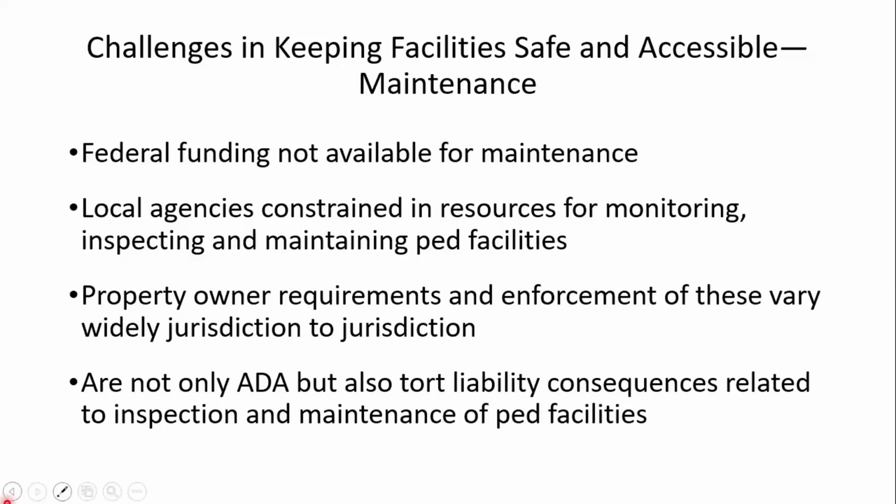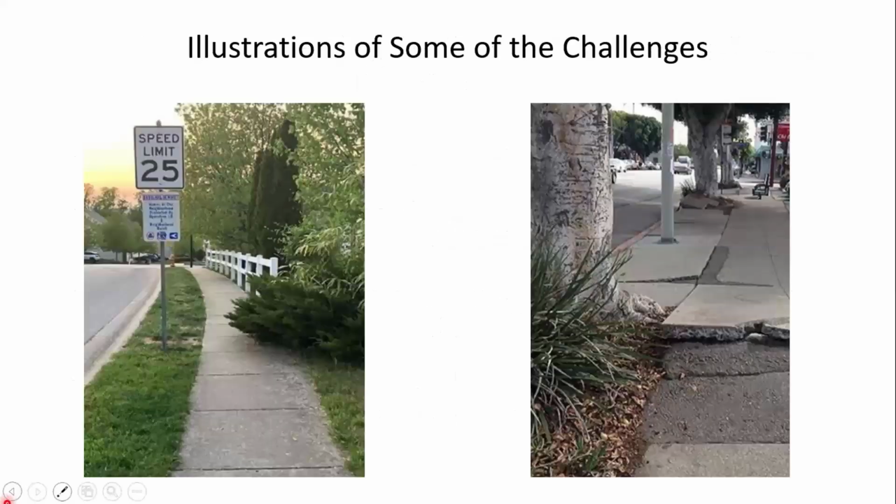So all of these things, I think, relate to inspection and maintenance of pedestrian facilities and do make it challenging for public agencies. And here are just a couple of the challenges. Notice on the left, the shrub has probably not been pruned or trimmed in a while, maybe years, and so it has overgrown the sidewalk, and now that's basically an inaccessible sidewalk.